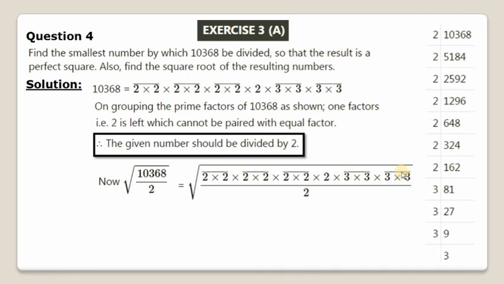Instead of these two threes, I'll write only one 3. So in that case, out of 6 2's, I have written 3 2's, and out of 4 3's, I have written just 2. Multiply them, it turns out to be 72. That means the square root of the resulting number after division will be 72.